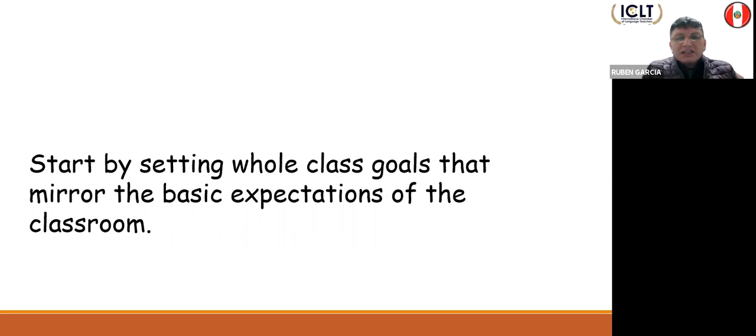We start by setting whole class goals that mirror the basic expectations of the classroom. Basic expectations. So that is the whole class goals. As I said before, all the students need to be connected. You cannot leave a student behind. So what could you do?